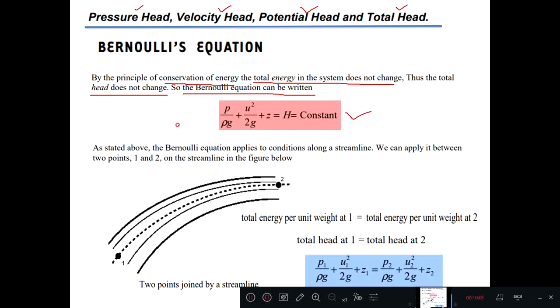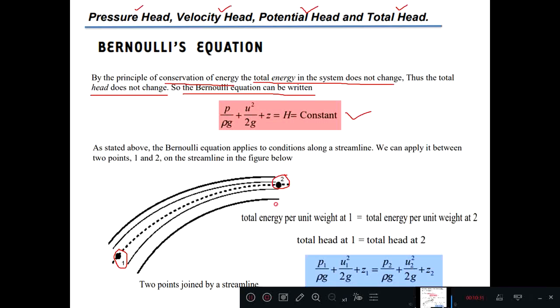And the equation relates the states of 2 points along a single streamline, not conditions on two different streamlines. So on the same streamline, you can take point 1 here and point 2 here, and you can relate the pressure and velocities at these 2 points.